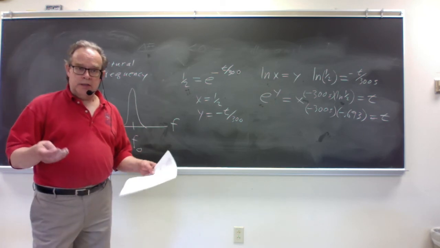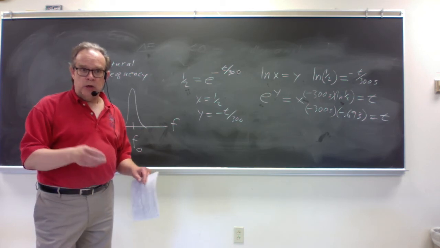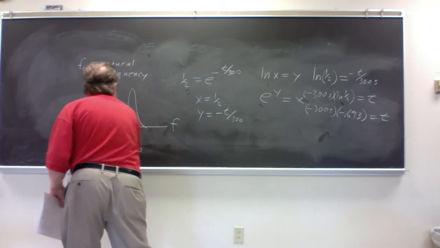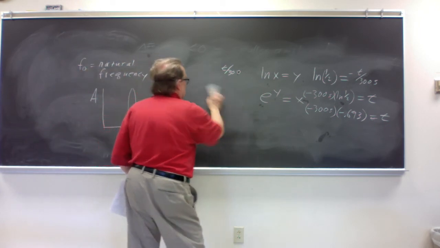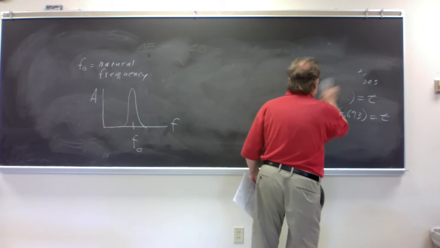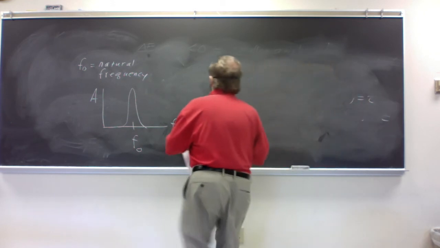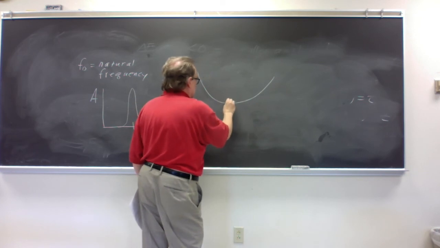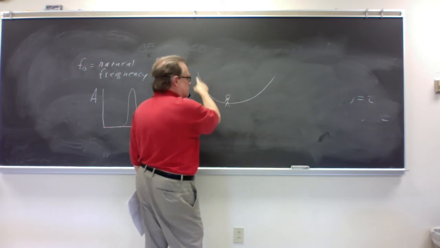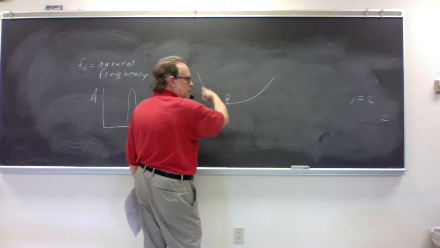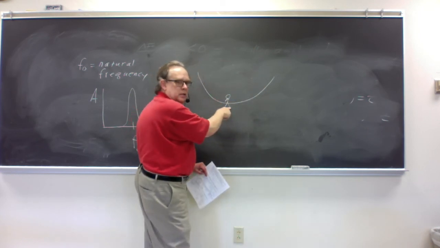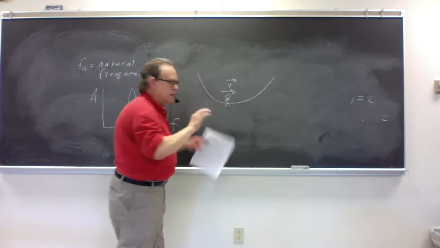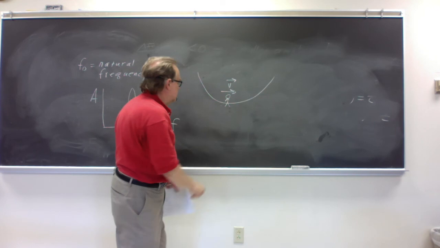And why is that? Let's go back to the kid on the swing, and you're giving the kid a push. So there's the path of the kid, going back and forth, and every time the kid is at the lowest point moving this way, with velocity in that direction, you give the kid a push in that direction.